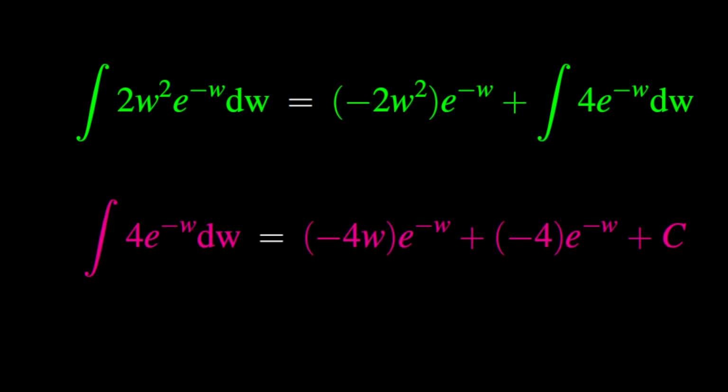From the second integration by parts, we obtain the following result. So, the integral of 4w times exponential of minus w dw is equal to minus 4w times exponential of minus w, plus minus 4 times exponential of minus w plus a constant of integration c.